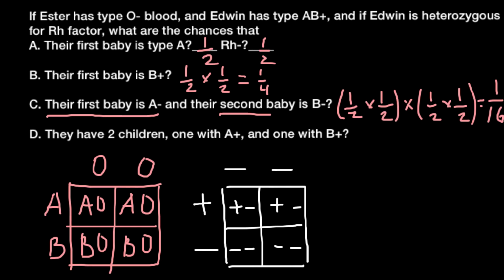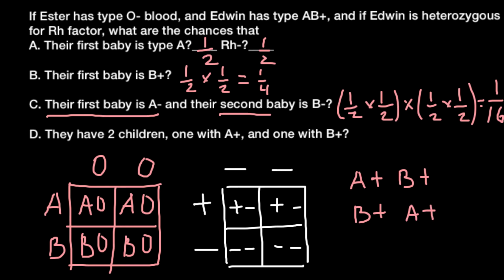So how is this question different from C? Here we may have two situations: the first child would be A positive and the second child would be B positive. The second variant would be when the first child would be B positive and the second child would be A positive.